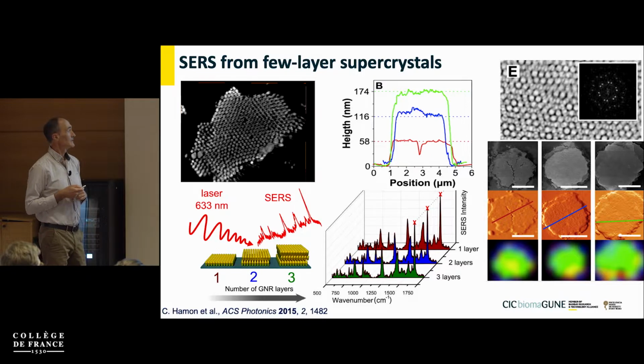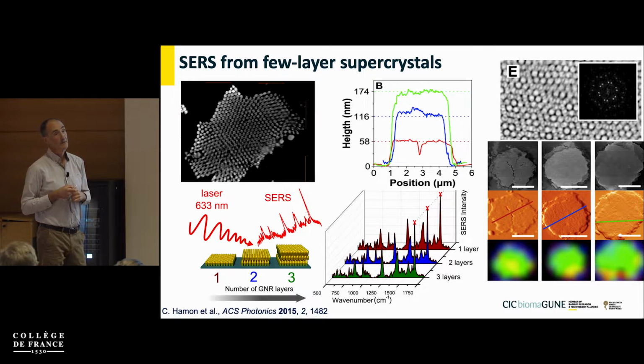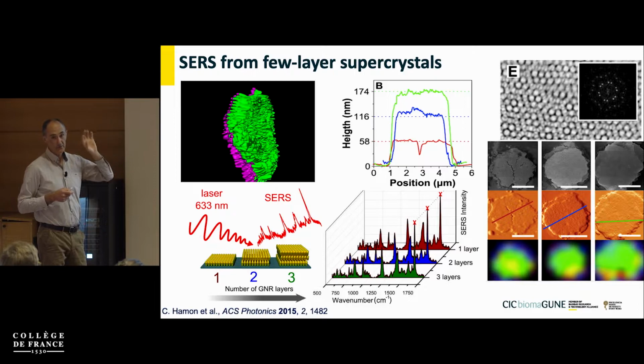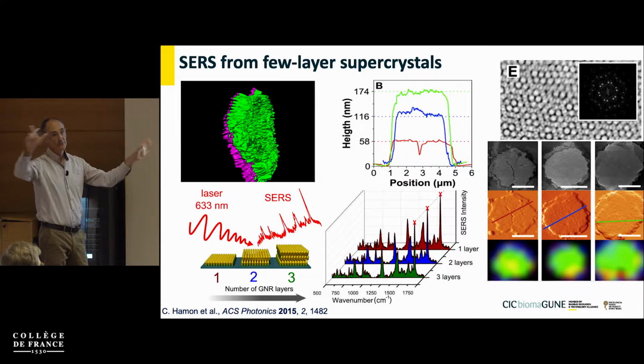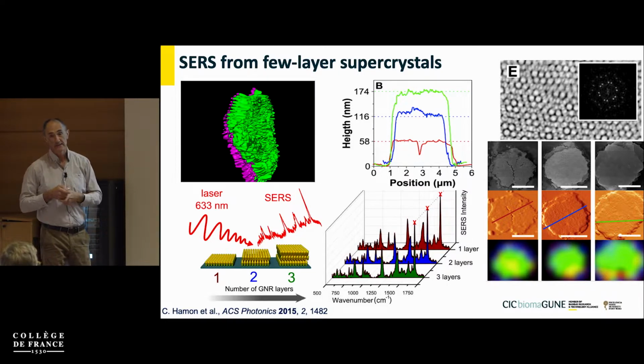And so then we started to think, will we be able to obtain templates that will allow us to combine now what we know, that probably fewer layers can be more efficient, with templating and getting a uniform distribution of these multi-layer systems on a big substrate.